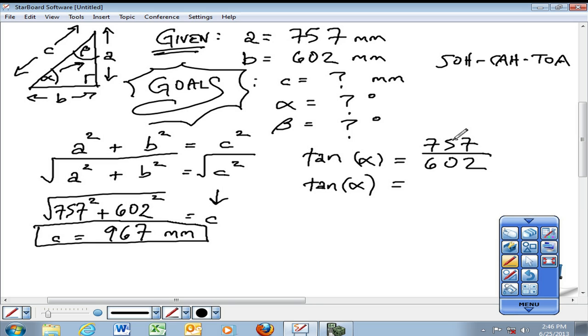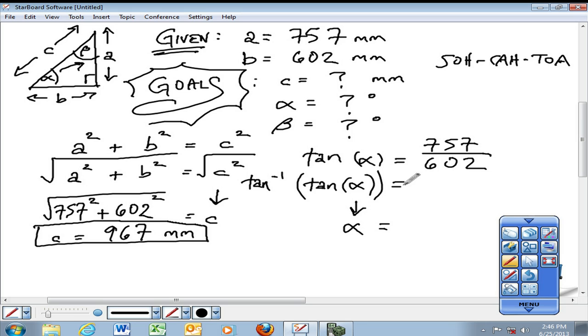So in this case, go with what you're given. Here we've got the tan of alpha, and we want to break into that function with what's called the inverse tan. What pops right out is alpha, which is our second goal here.